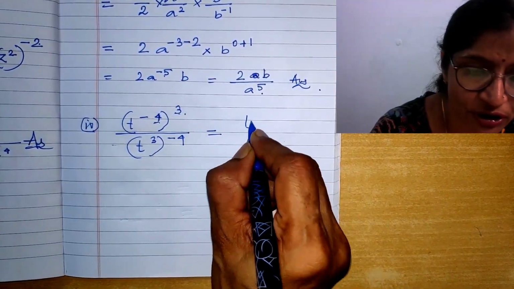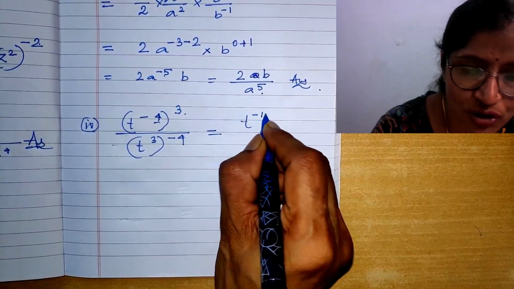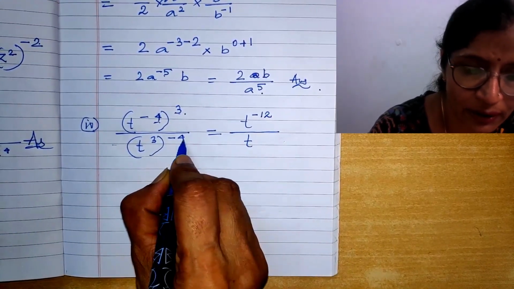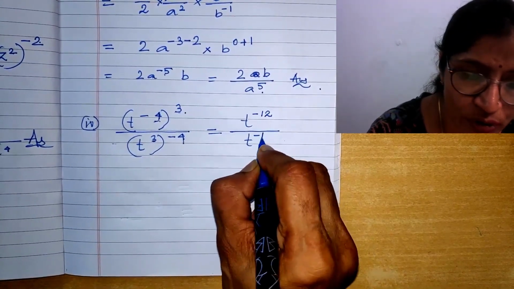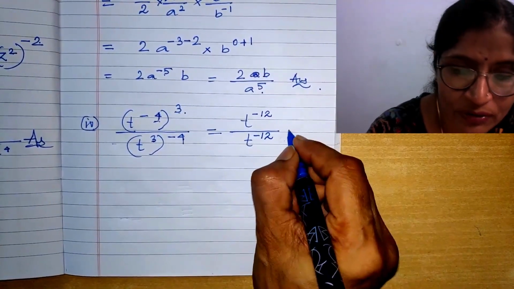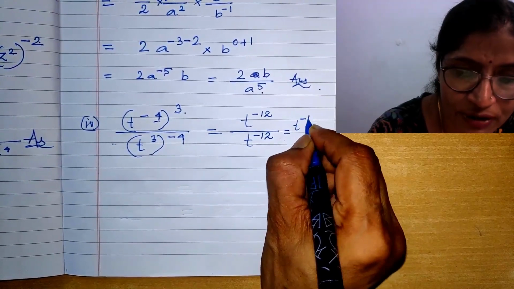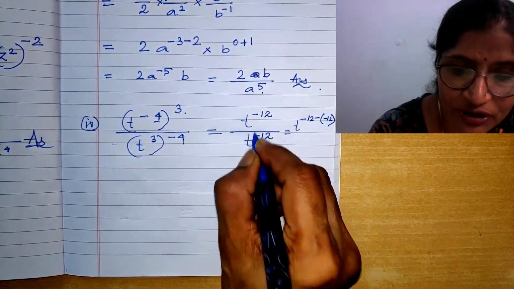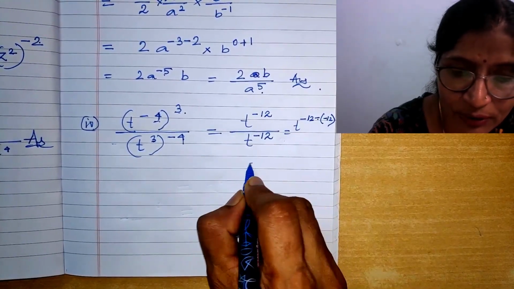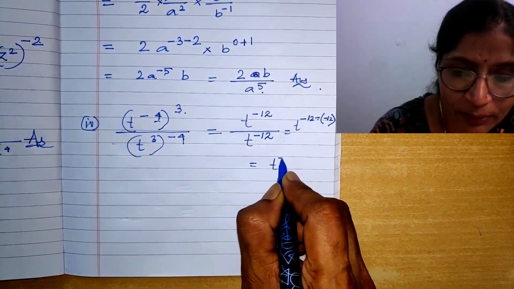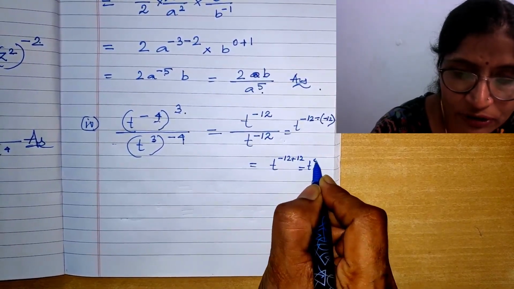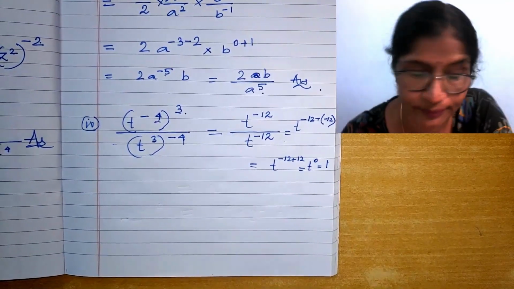So this is t to the power minus 12 divided by t to the power, again 4 3s are 12, minus 12. Okay, so that is equal to t to the power minus 12 minus, in the bracket, minus 12. Division, so here it will be the subtraction one. So t to the power minus 12 plus 12, that is equal to t to the power 0, and that is equal to 1.